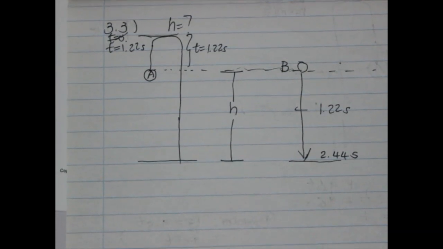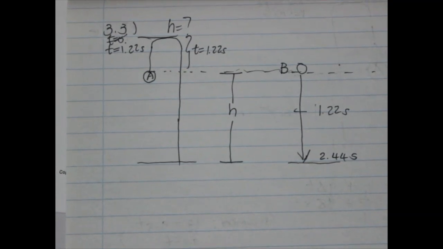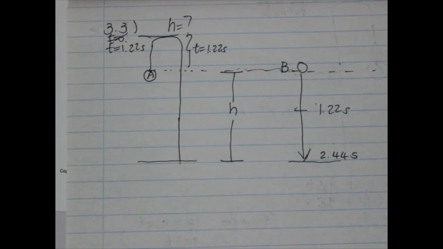With the final question, they say that at the instant stone A passes its initial position on its way down, stone B hits the ground. Calculate the height h.